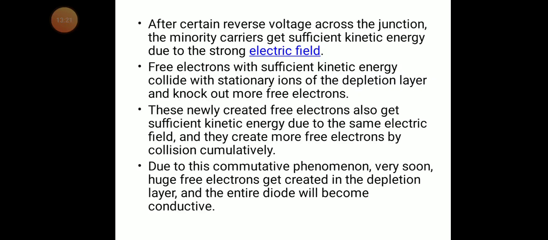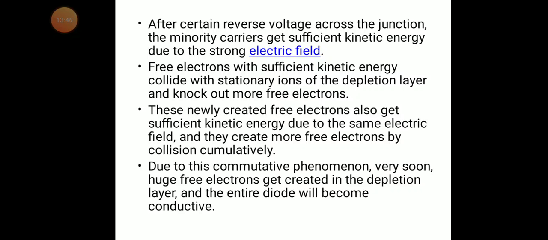So the number of electrons increases in the reverse bias, not in the forward bias. In the reverse bias, because we applied a strong electric field, the minority charge carriers acquire strong kinetic energy.